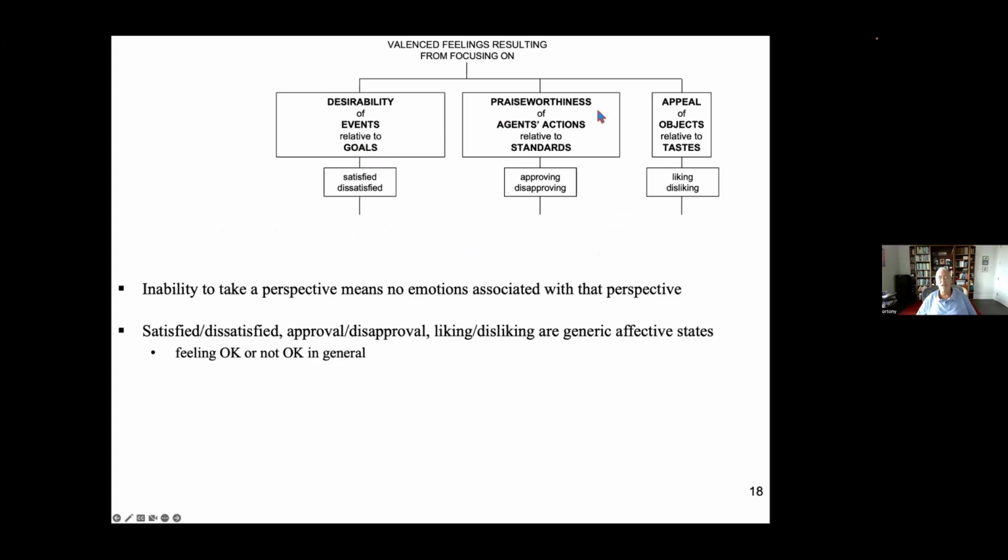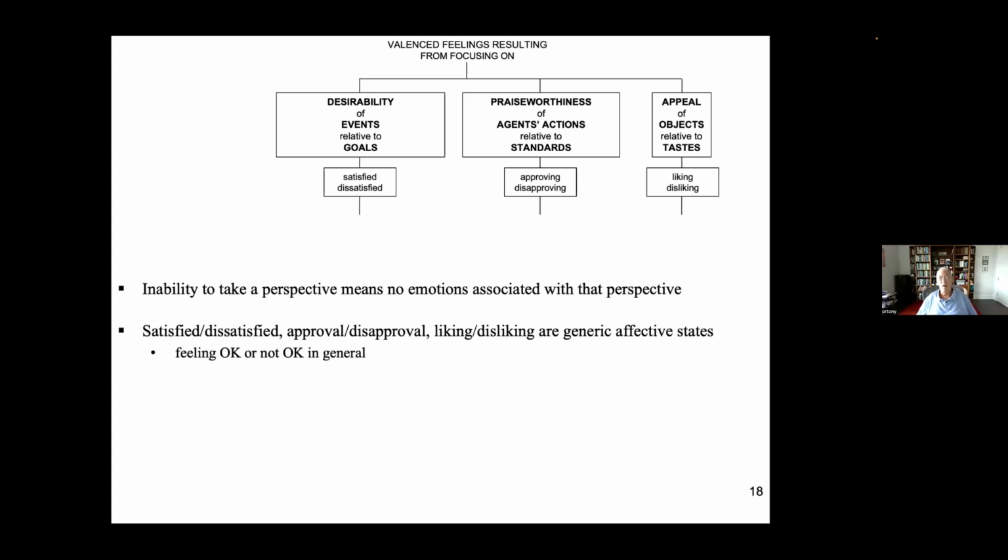So here we have these three broad categories: satisfaction, dissatisfaction, approval, disapproval, liking, disliking. If some entity is incapable of taking one of these perspectives, then they're also incapable of taking any emotions associated with that perspective. That's important, because you might think that many animals might be able to evaluate the desirability of some event, but not have the cognitive machinery required to evaluate the praiseworthiness or blameworthiness of an action.